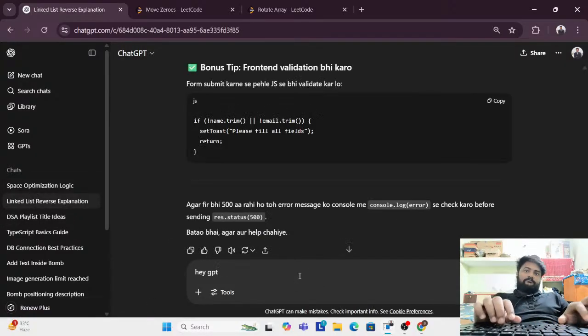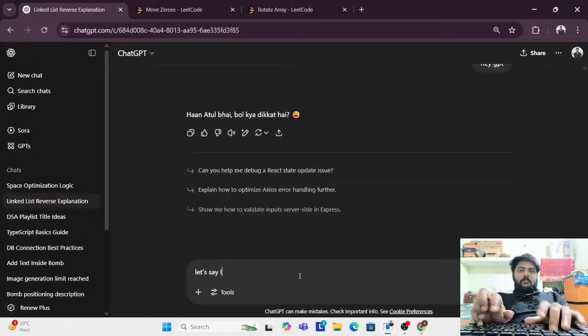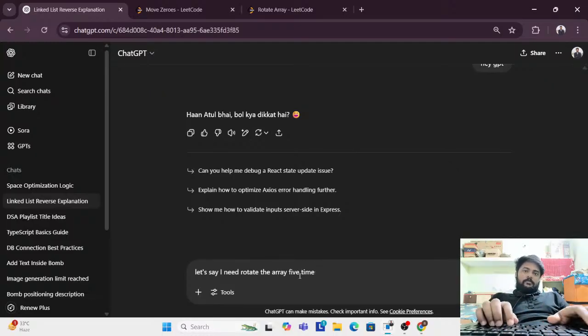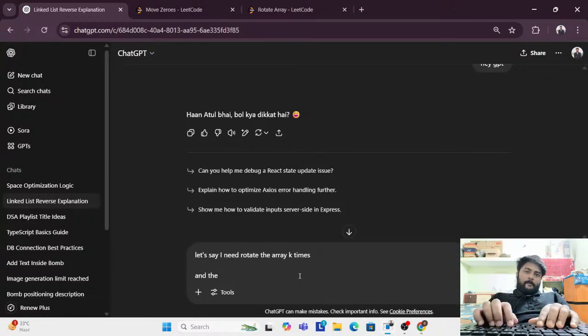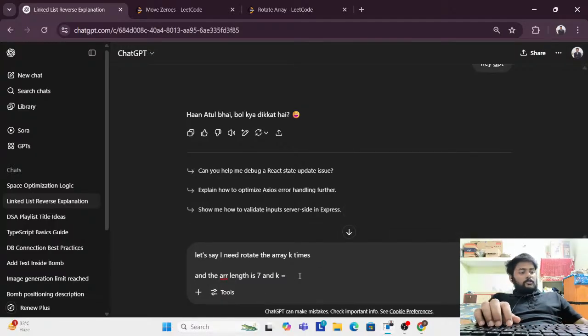Hey GPT, let's say I need to rotate the array k times, and the array length is 7 and k is 14.